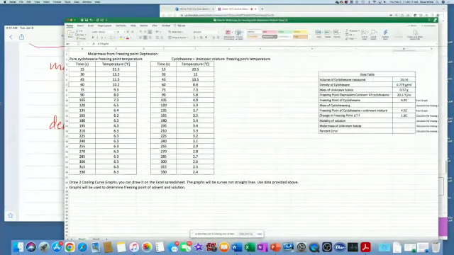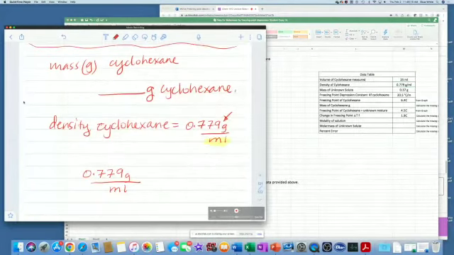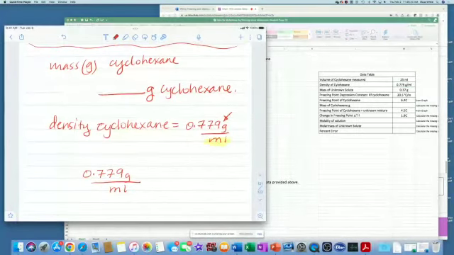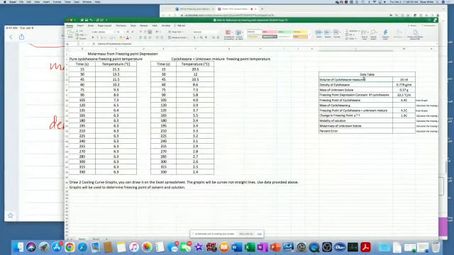The volume, right. I know you guys don't have a connection with these numbers because you didn't do the lab yourself. I feel like it would be a little bit easier if you did. But we're just using dimensional analysis here. We're trying to get rid of milliliters to get grams. For us to do that, find a number, in this case, the volume of cyclohexane.